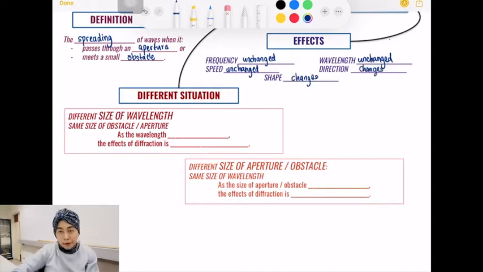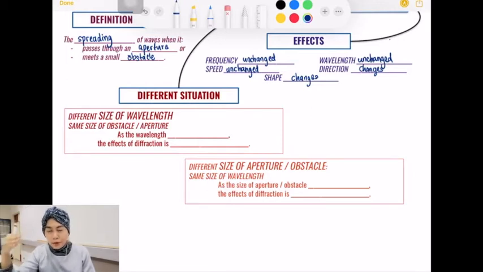For water waves, one situation you can have in an experiment is changing the size of the wavelength. That is basically just changing the frequency of the dipper in the ripple tank.